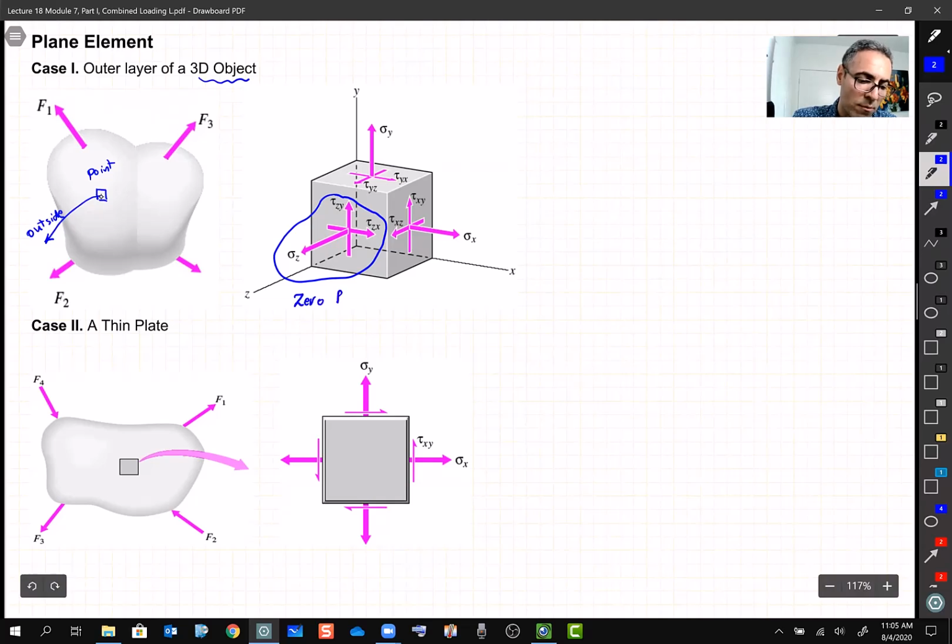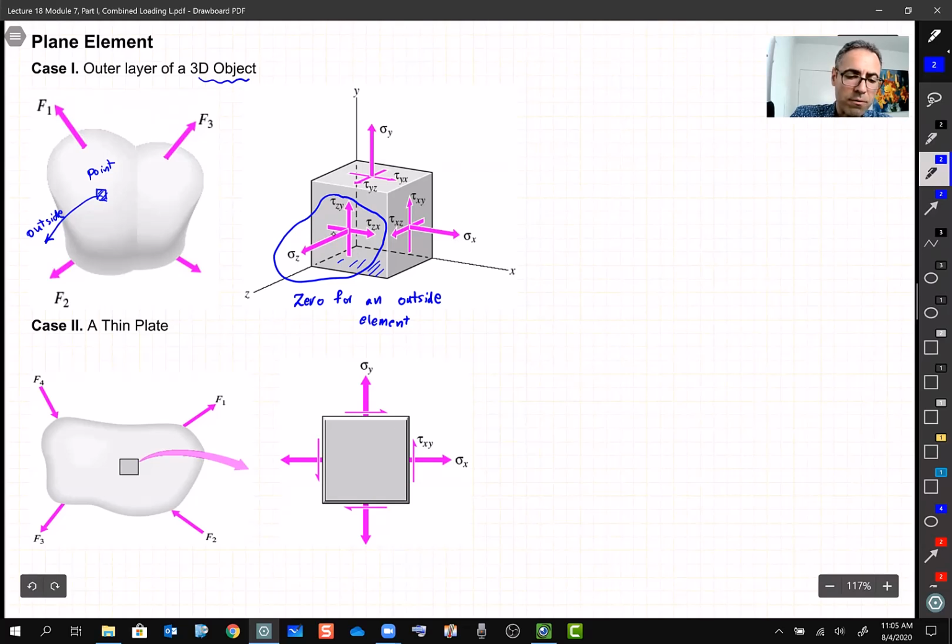They are 0 for an outside element. Because in fact, we don't have anything here, right? This element outside is at the same surface here. And if I don't have anything, it's just air, it means all of these are 0.